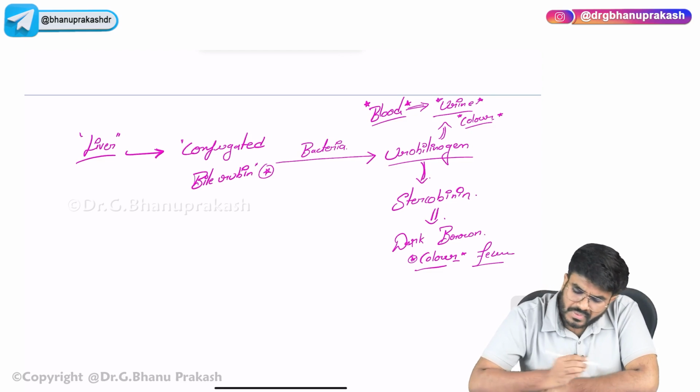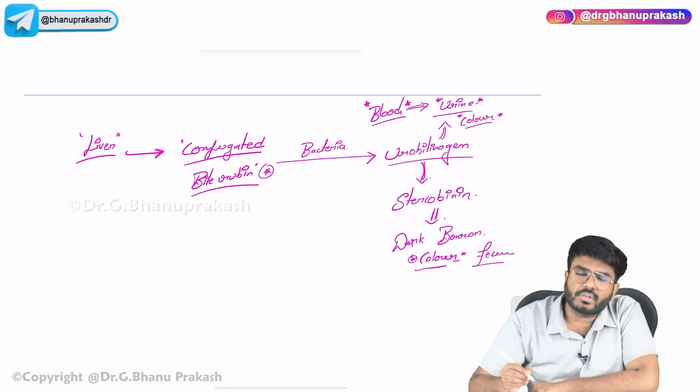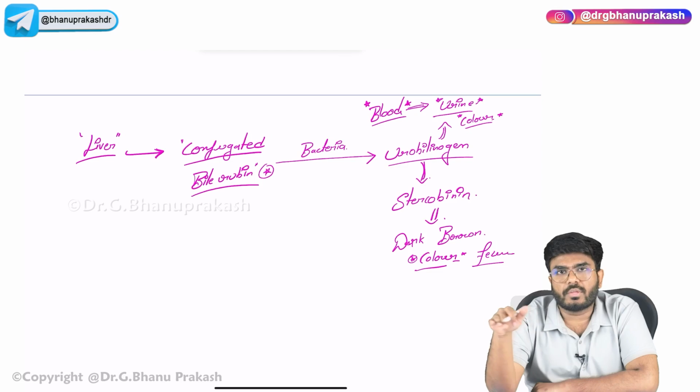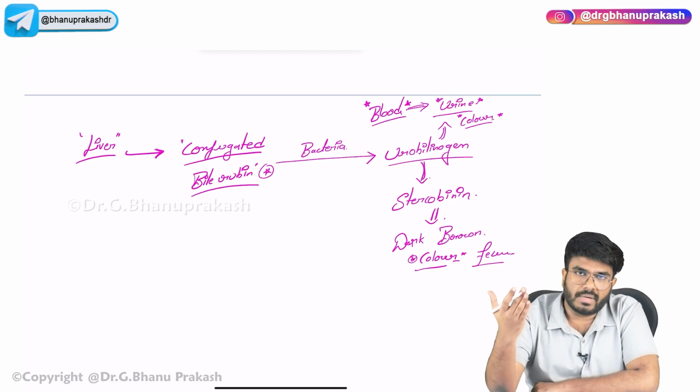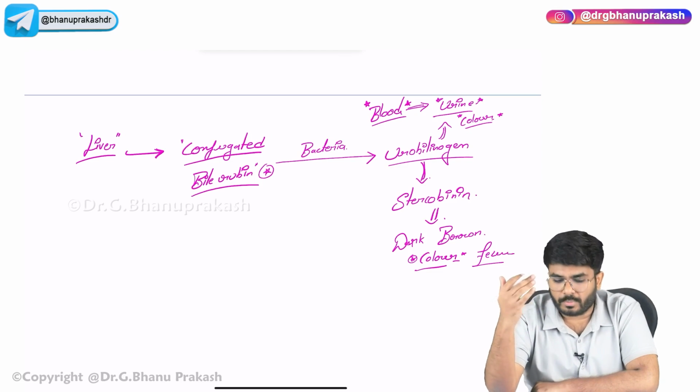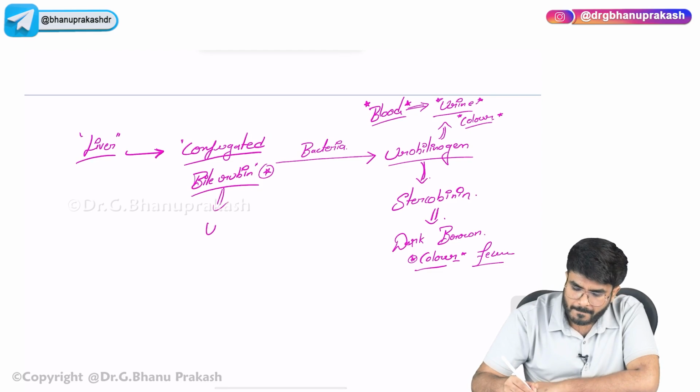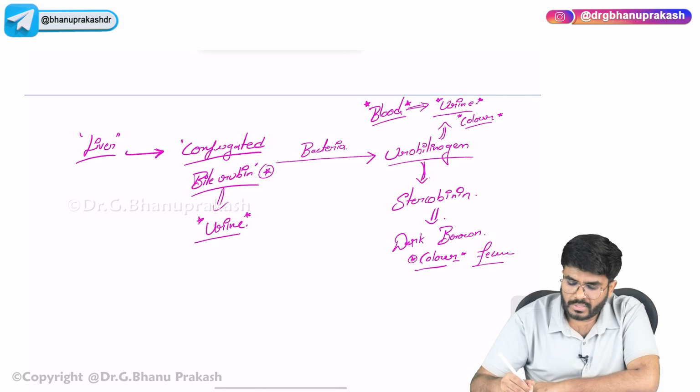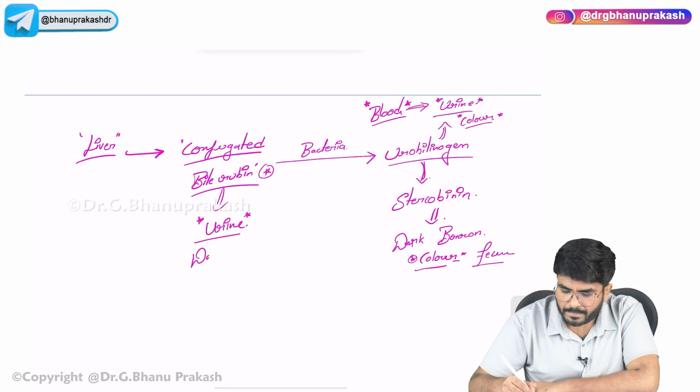So this conjugated bilirubin leaks into the blood. It is not going into the bile; rather it goes into the blood, and from the blood it will go into the urine. Because of this conjugated bilirubin in the urine, the urine will get a dark color.